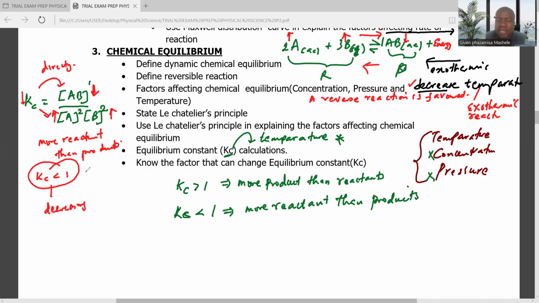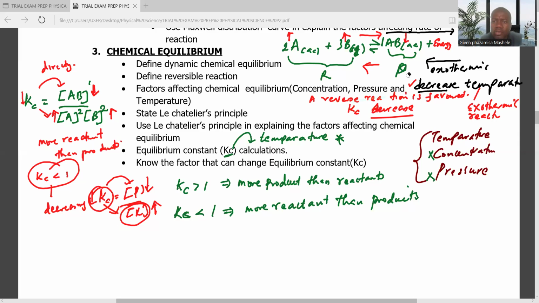In the context of what I'm saying, Kc is the concentration of products over the reactants. Products are less, reactants are more, so if the numerator decreases, Kc has to decrease. So the answer for this one is that the Kc will actually decrease. It's very important to understand that.